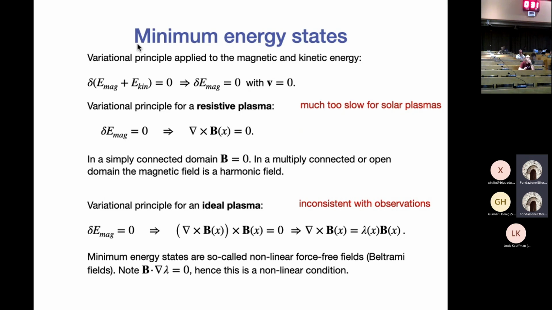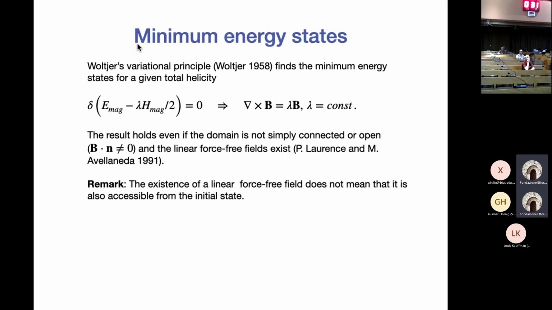We would have no heating of the corona, and this is inconsistent with the observations. So something in between has to happen, and that in between is motivated by the conservation of magnetic helicity in the reconnection process.